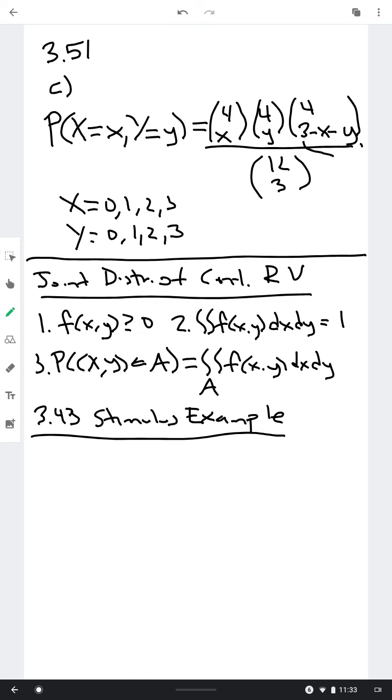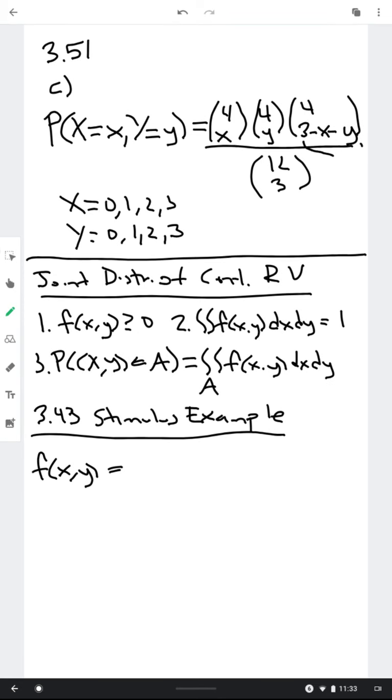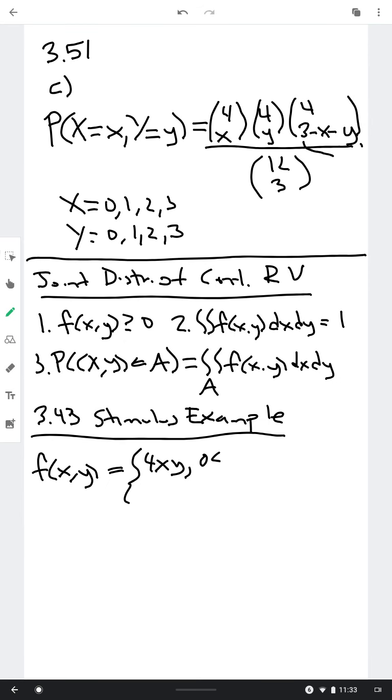Suppose that the 2 random variables X and Y have a joint density given by f of x,y equals 4xy, with x going from 0 to 1, and y also going from 0 to 1, and 0 elsewhere.